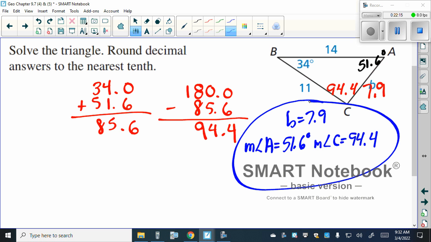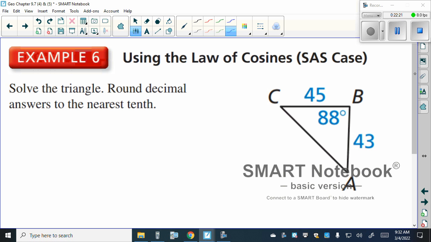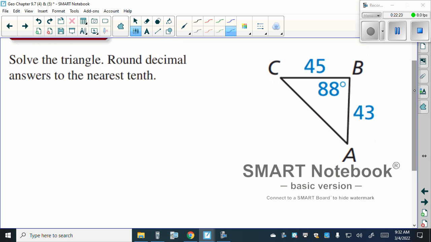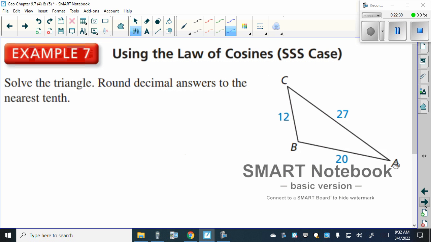Questions on this here? Do we need to see another example of one like this, or do we feel comfortable with this here, given two sides and an angle? Yes? Okay. Because if we feel comfortable with that, we'll move on to the other type.